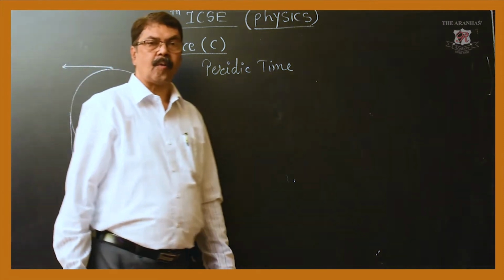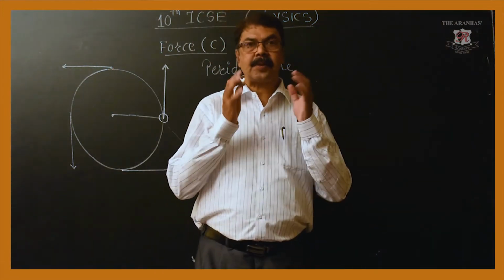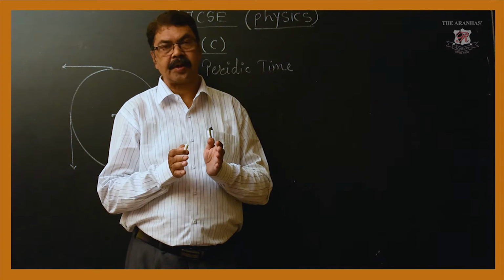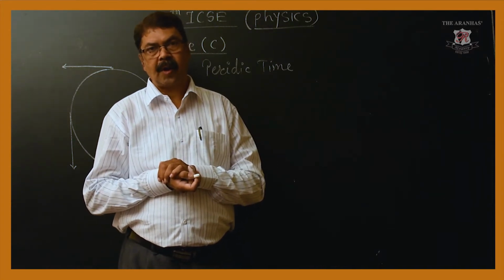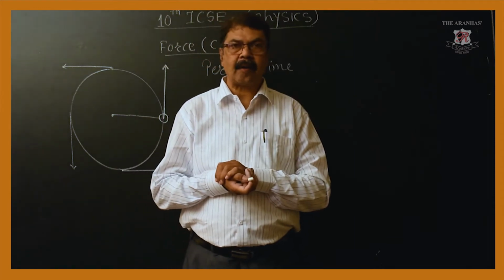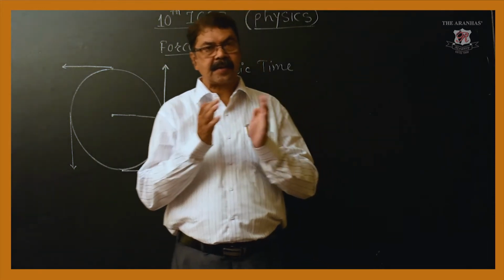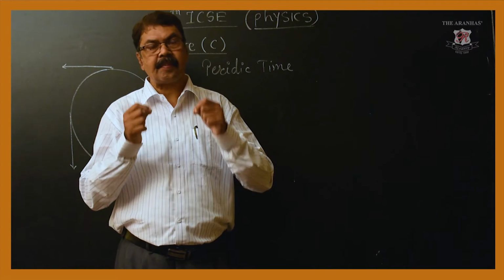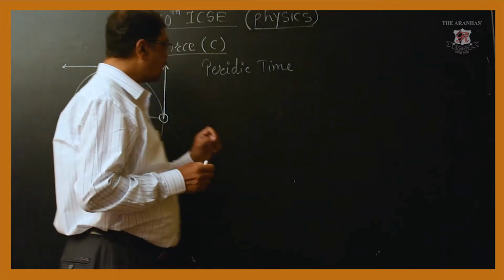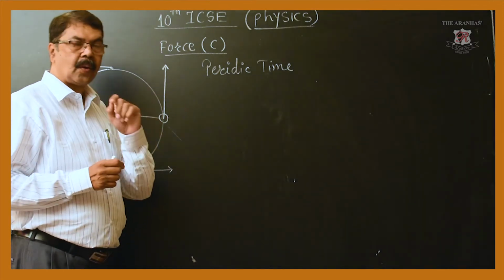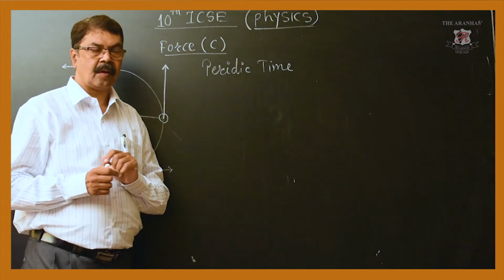So in circular motion, even if the speed of the particle remains constant, its velocity changes, because velocity is a vector quantity. Speed is a scalar. Speed only has magnitude and its unit. But velocity, being a vector, also has direction.